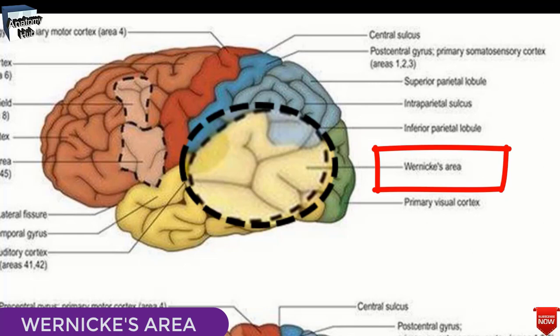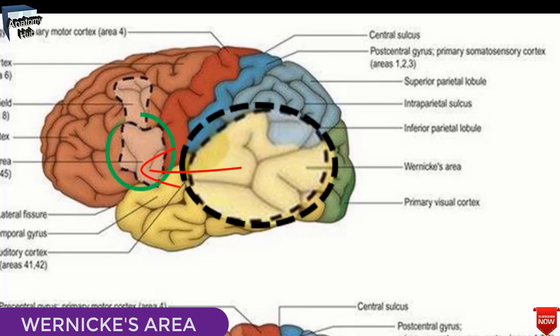It is also an essential zone for constant availability of learned word patterns. The sensory and motor speech areas exist together in one hemisphere only. Wernicke's area is connected to Broca's area by a bundle of nerve fibers called the arcuate fasciculus.